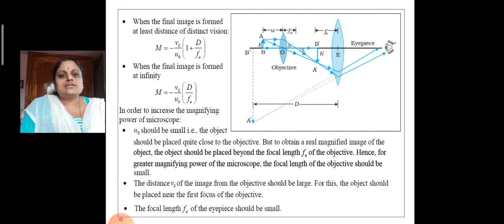The distance VO of the image from the objective should be large. For this, the object should be placed near the first focus of the objective. The focal length FE of the eyepiece should be small.